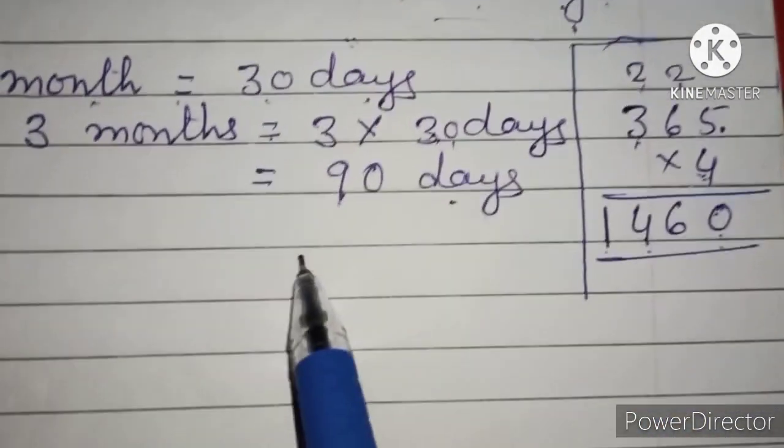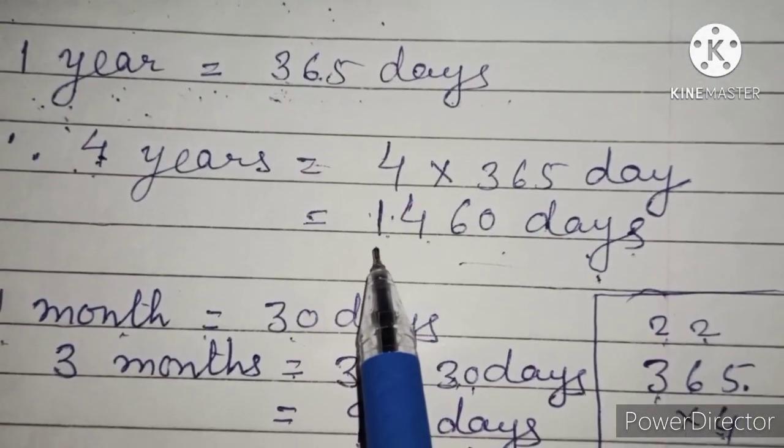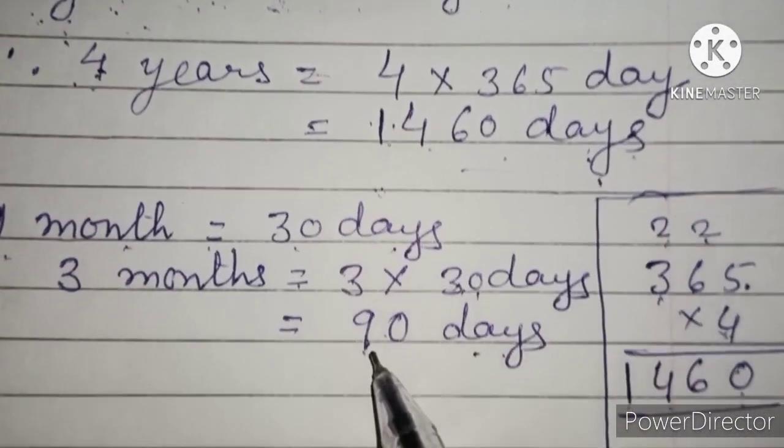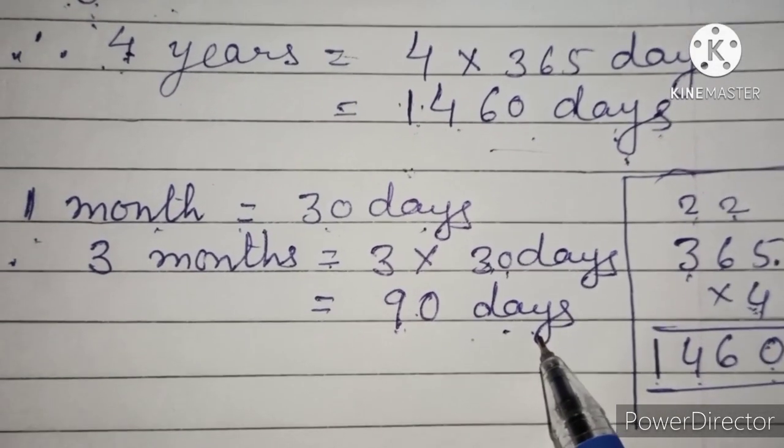Now 1460 days and 90 days we have to add. Okay?